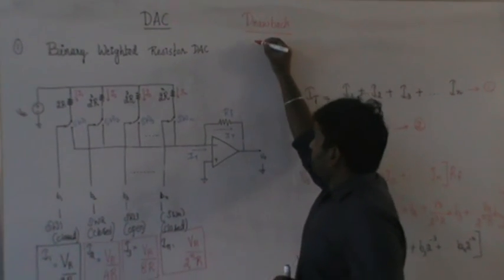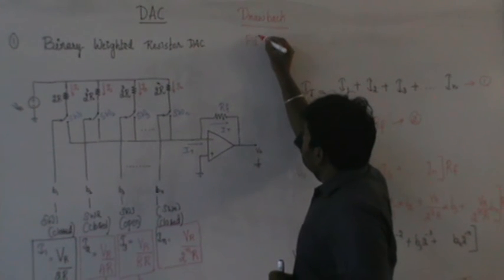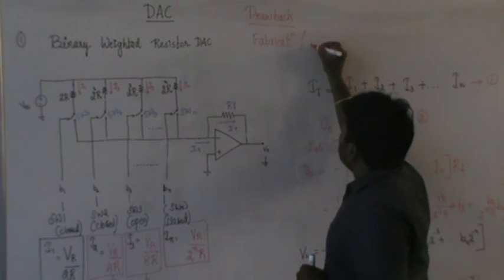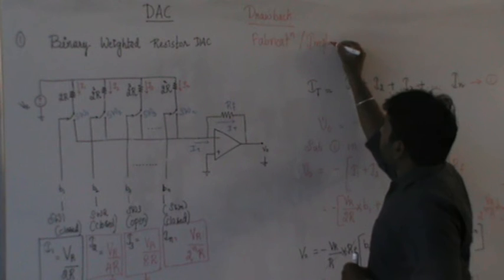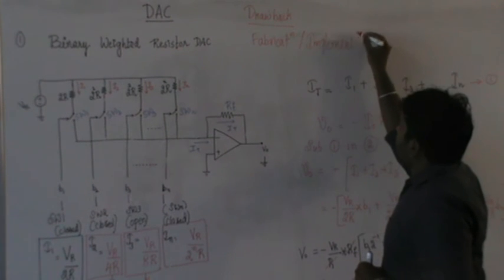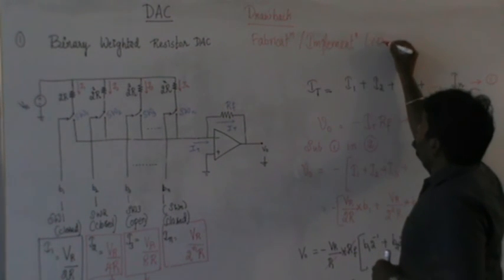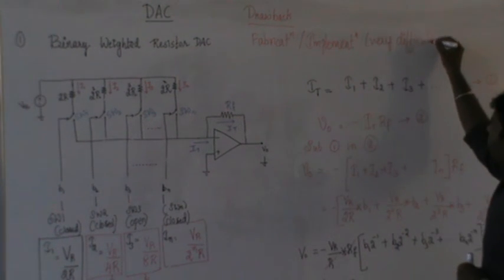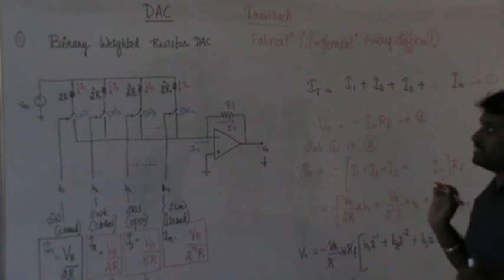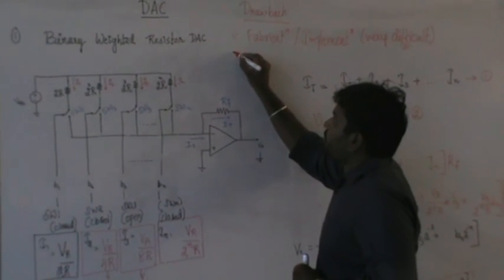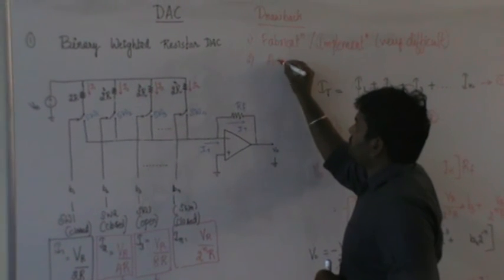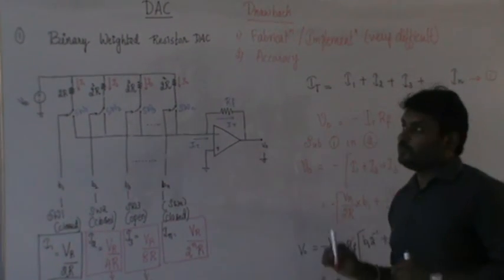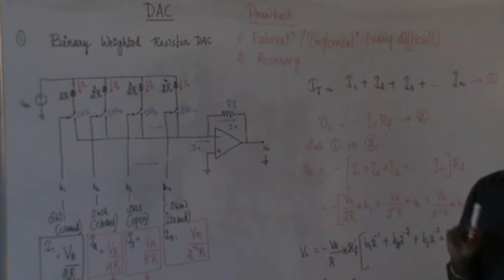Fabrication and implementation is very difficult because of resistor. This is the first point. And the second point is accuracy. You will not be getting a good accuracy if you are using the binary weighted DAC.